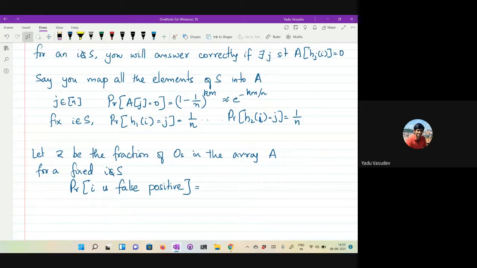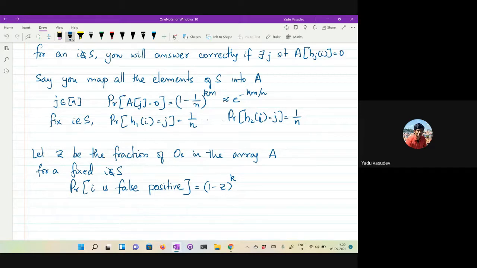So i is a false positive if this happens for every hi. There are k hash functions. So with probability 1 minus Z, the first hash function maps it to a bit that is not 0, and this is true for all the k hash functions. So this probability is 1 minus Z to the k, right? This is the probability of the false positive. This is what we want to analyze, correct?